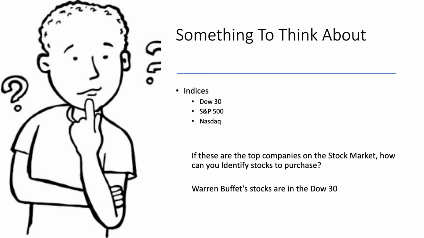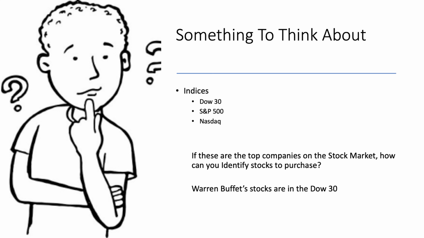So these are established companies that have been around for a long time. These are companies that 9 times out of 10 are giving dividends. They might be low dividends, but they're giving dividends. The reason why they're on the Dow 30 is because they have been consistently doing well over time.